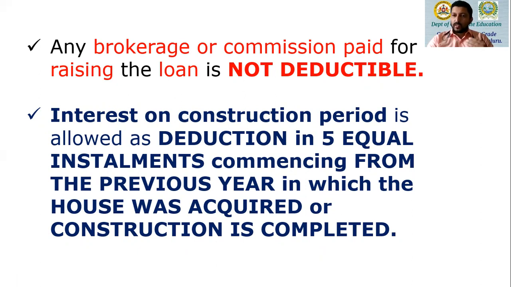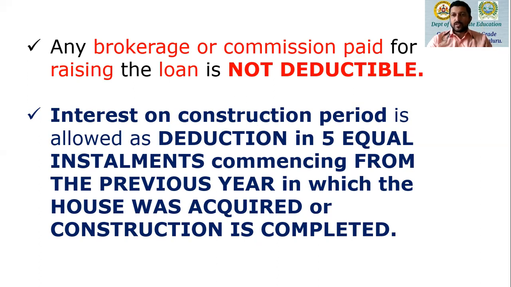But even though the house is under construction, the assessee will continue to pay interest on the loan borrowed from the bank or any other financial institution. That interest paid before construction is completed is called construction period interest. This interest which we continue to pay cannot be claimed as deduction until the construction is completed.